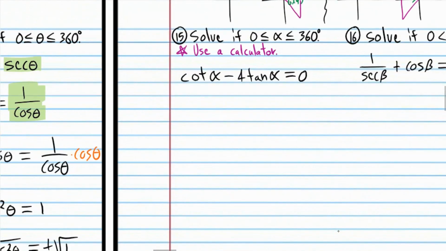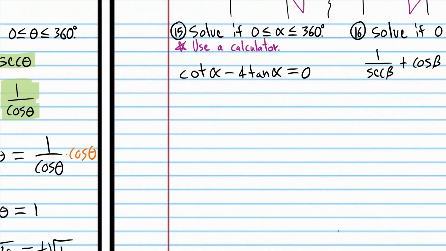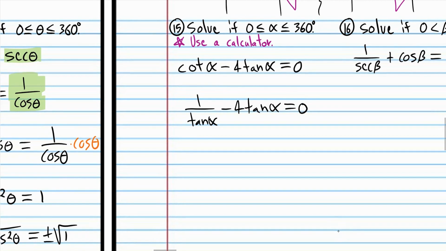Okay, we're back. So I'm going to change cotangent to 1 over tangent alpha. That was a reciprocal identity.